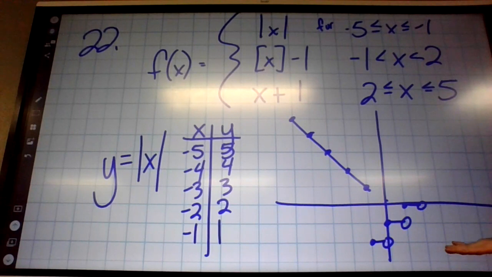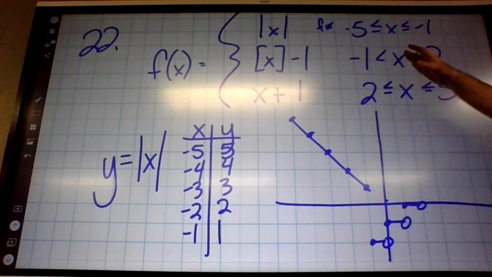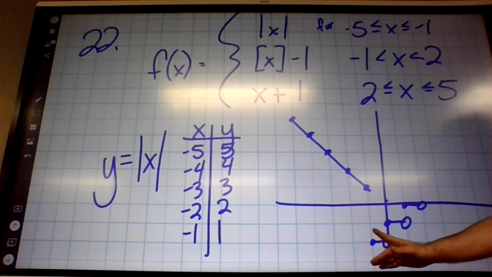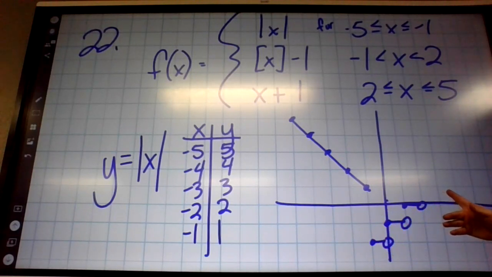There, so it just all goes down one. So from -1 to 2, we're just going to have those stair steps. Plugging stuff in wouldn't work very well. Plus it'd confuse you even if I did.